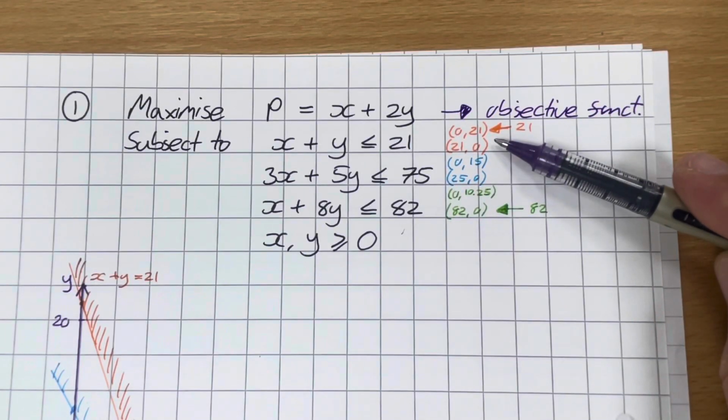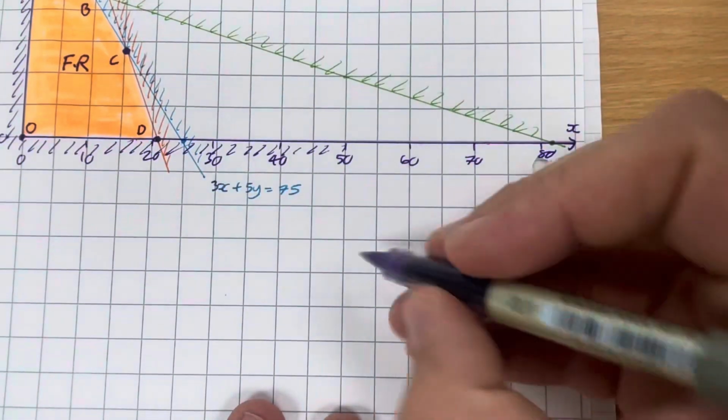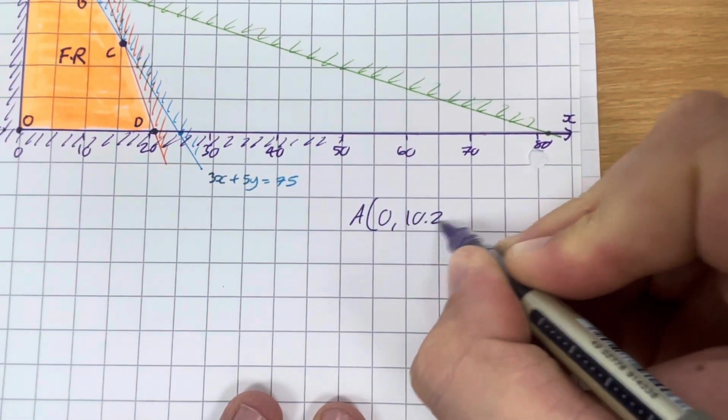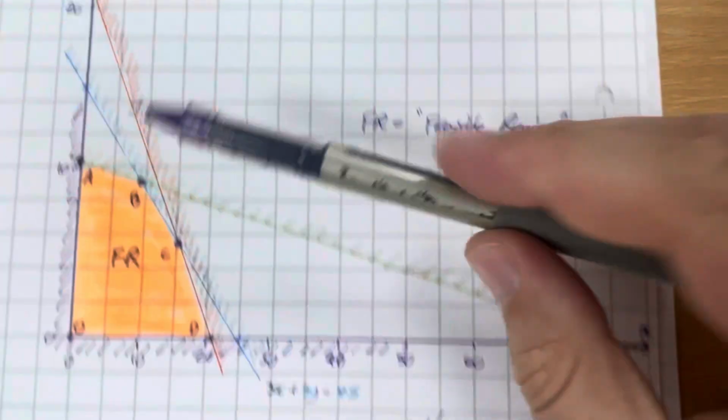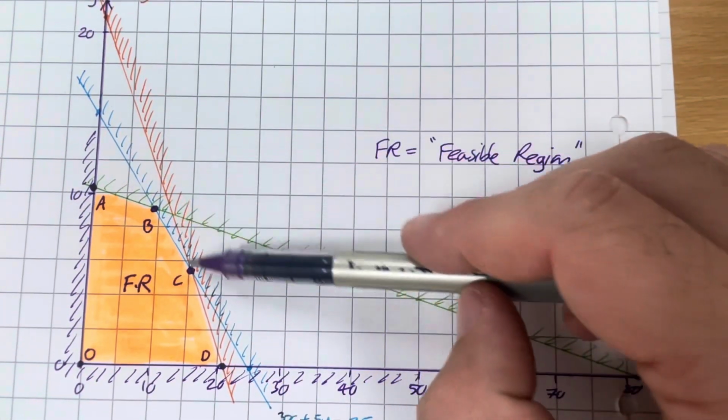Okay, so the point A is going to be where this green one intersects the y-axis. So we can see that is already calculated at 0, 10.25. So the coordinates of A are 0, 10.25. The coordinates of B, that is the intersect of the green line and the blue line.